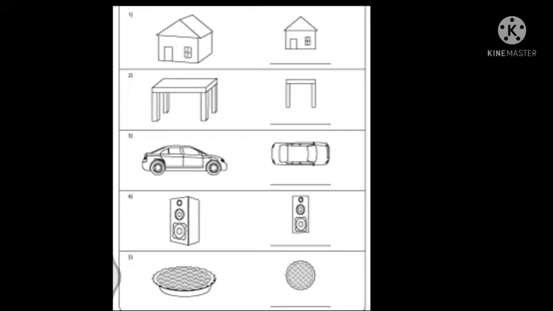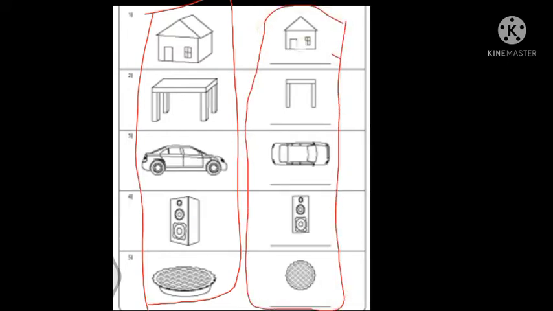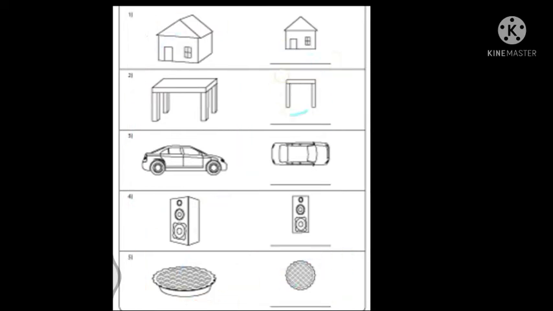So here students, you can see the objects given, and here different views of the objects are given, and after that picture you can see one blank. So what you have to do, according to the picture, you have to identify which view this is of these objects, either it is top view or front view or the side view, right?